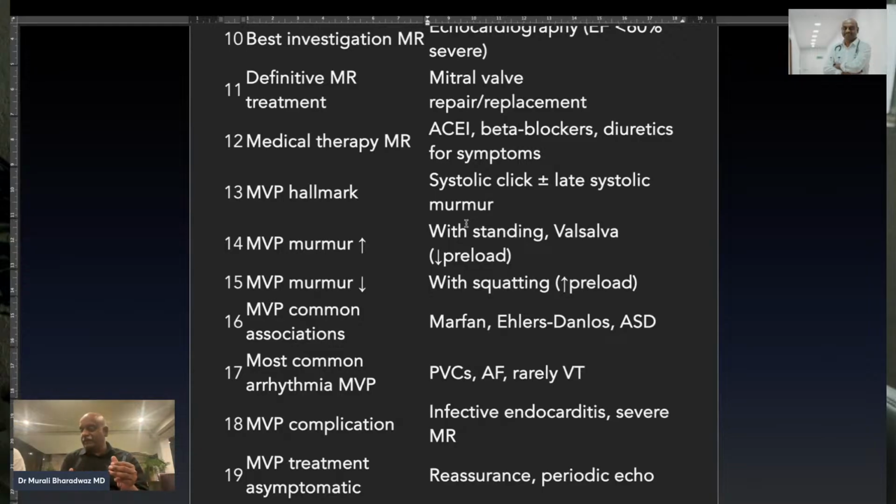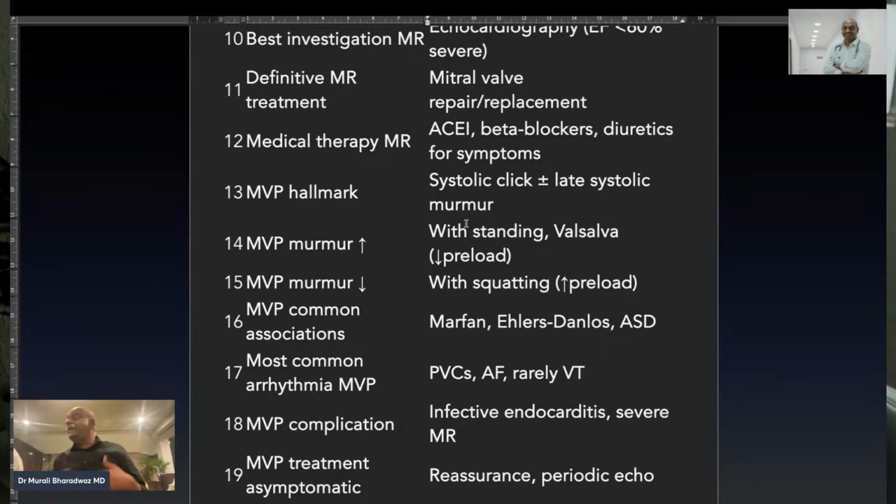When the left ventricle is undergoing systole and wanting to push blood into the aorta, this prolapse leads to one small opening, and blood goes back from left ventricle into left atrium. So that's the reason there is a late systolic murmur and systolic click, which is the hallmark of MVP that you need to remember.